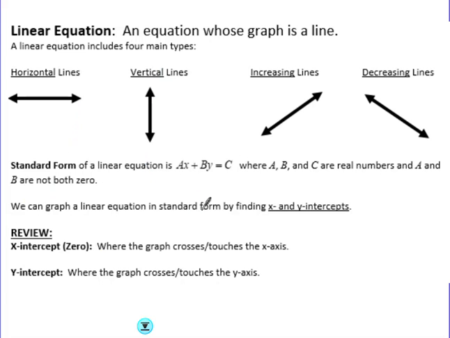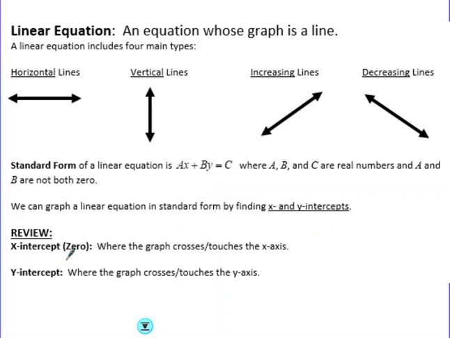Standard form of a linear equation is in this format, where a, b, and c are all numbers. So you have a number times x plus a number times y equals a number. We can graph linear equations in standard form by finding the x and y intercepts.